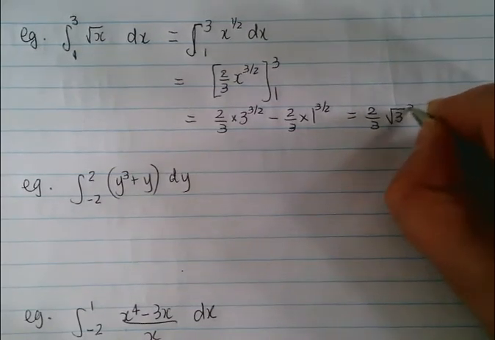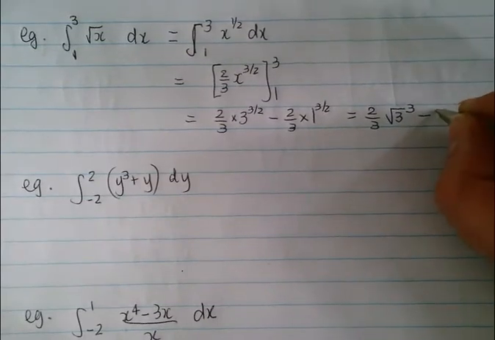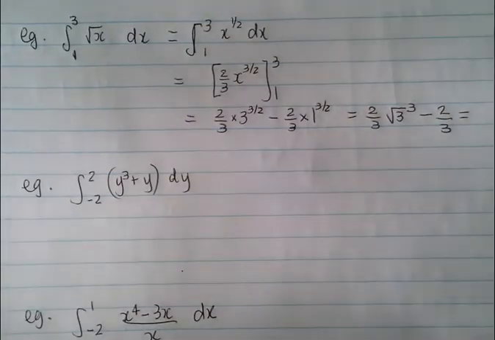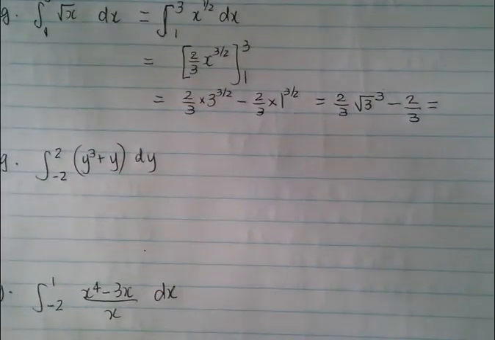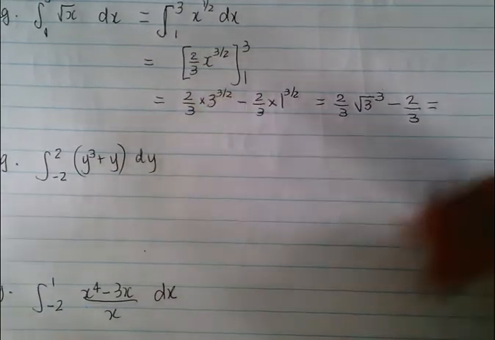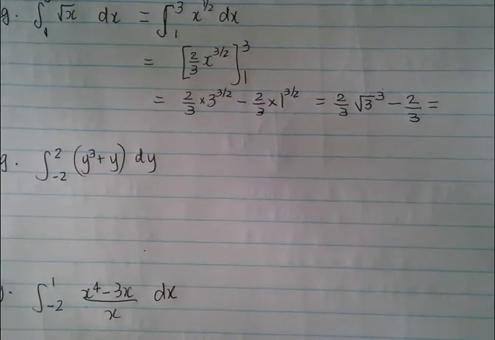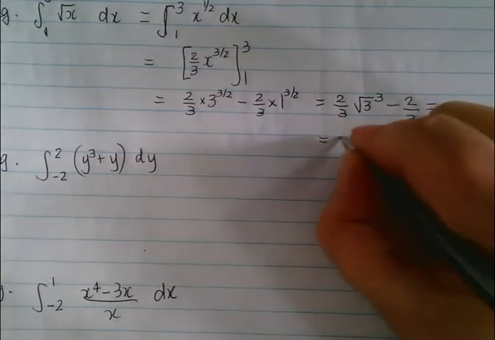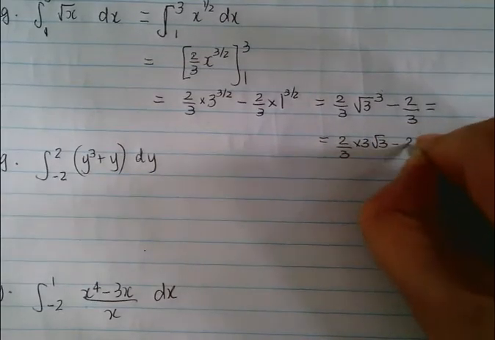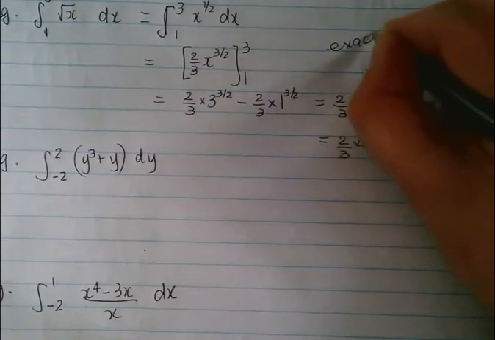Actually, let's do it as an exact value. How can I write that as an exact value? 2/3 root 3 cubed. What's root 3 cubed? Root 3 times root 3 times root 3, which is 3 root 3. So this is 2/3 times 3 root 3 minus 2/3.